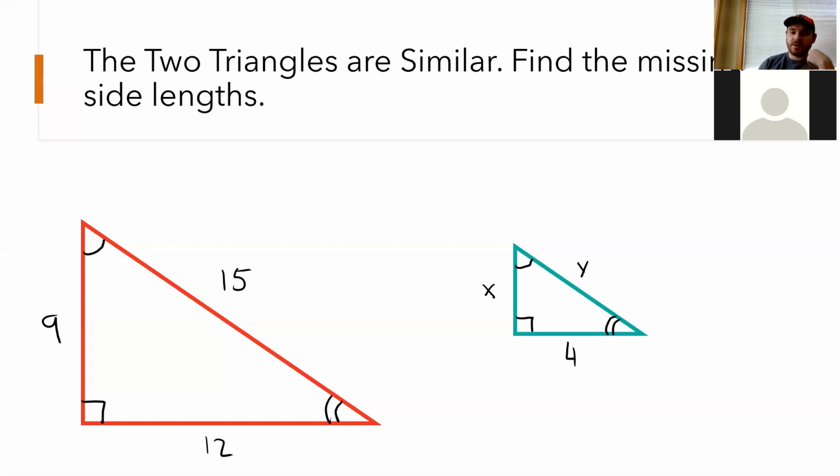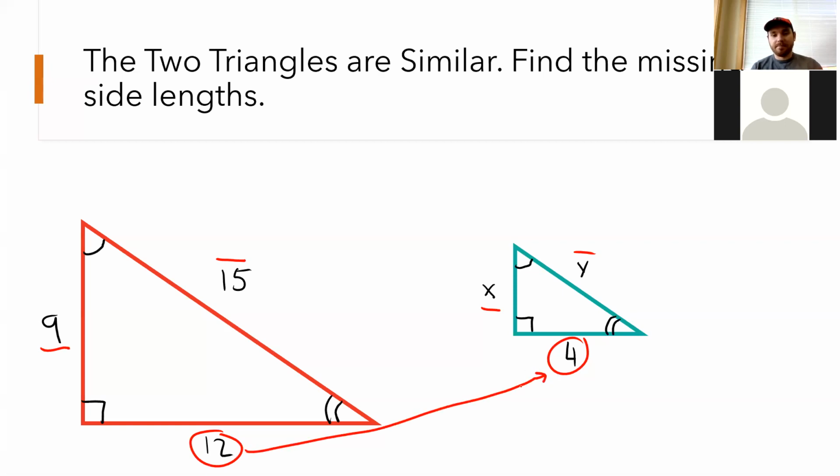Okay, so those of you that are left, we know that the side 4 here that I'm going to circle corresponds to the side 12. The side 9 corresponds to the side X, and the side 15 corresponds to the side Y. So we know that those are the same ones. Yeah, Asa, you can take off. So what we need to do is figure out how we get from 4 to 12, or 12 to 4. So how do we get from 12 to 4?